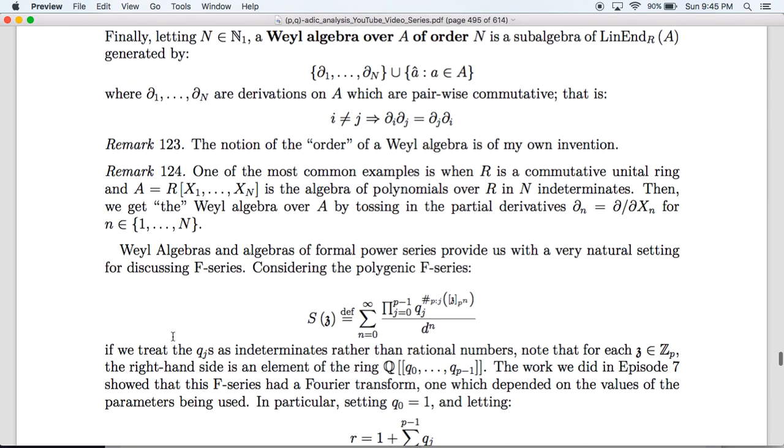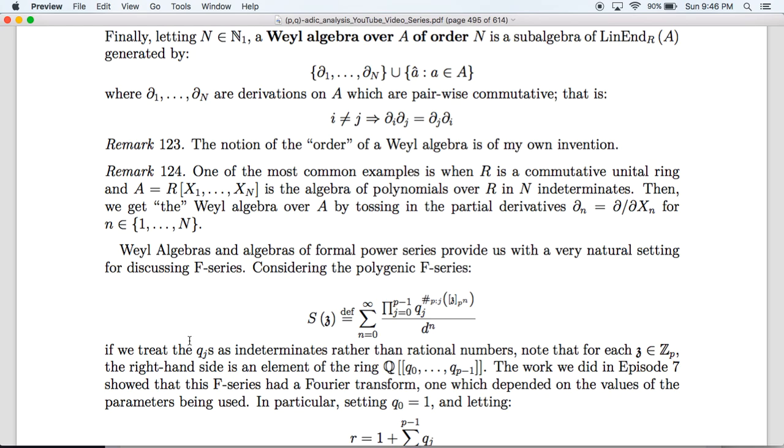Weyl algebras and algebras of formal power series provide us with a very natural setting for discussing F-series. Of particular import, they provide a rigorous way of justifying my tendency in my work of treating Q and other quantities as variables in their own right, as opposed to fixed scalars.